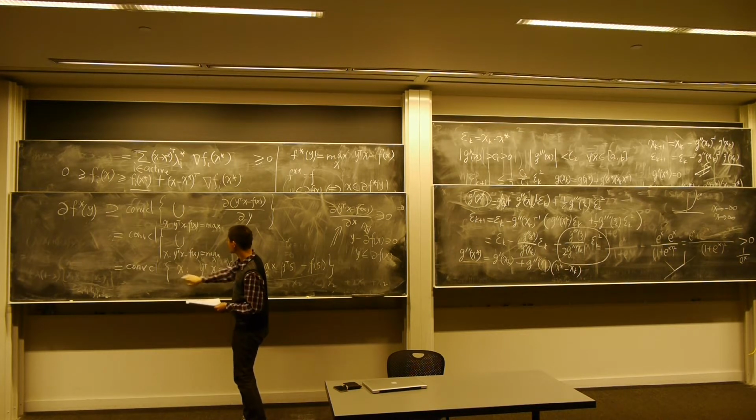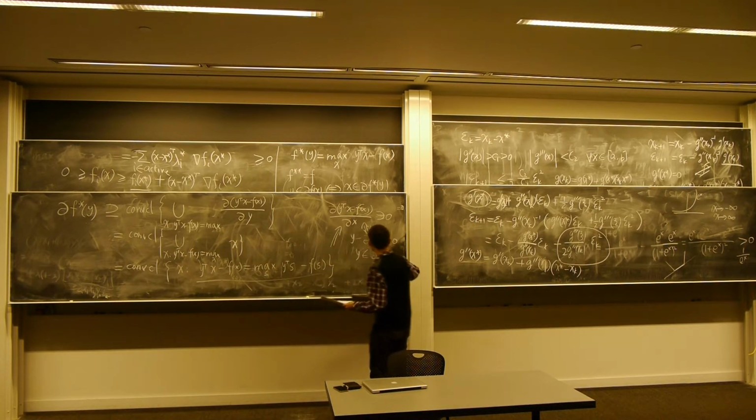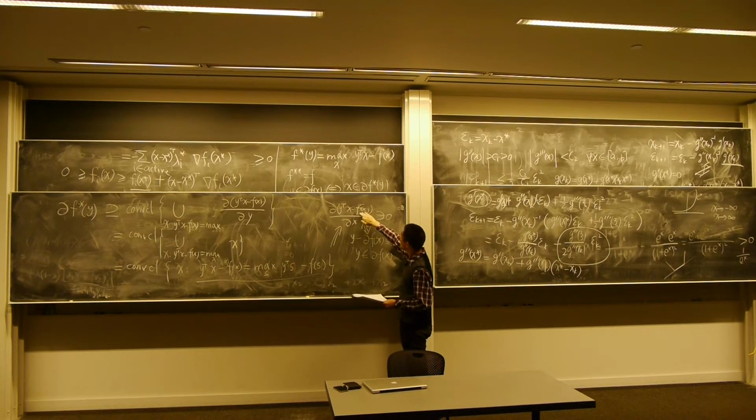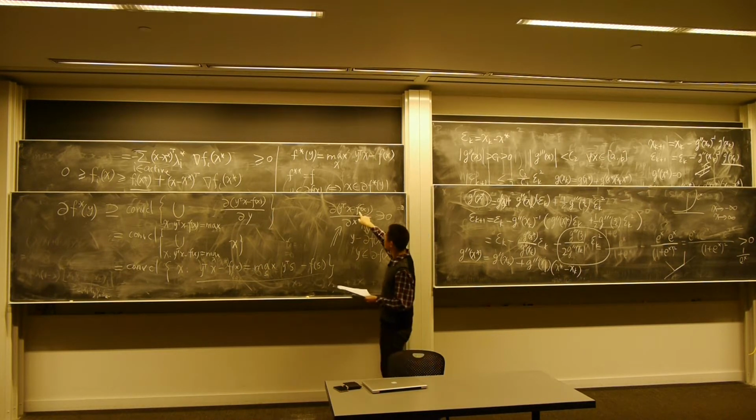And this x has to satisfy these conditions. But also, because f double star is f, we know that f is a convex function, and this is all convex. And a convex function can be maximized if and only if the subgradient contains 0.